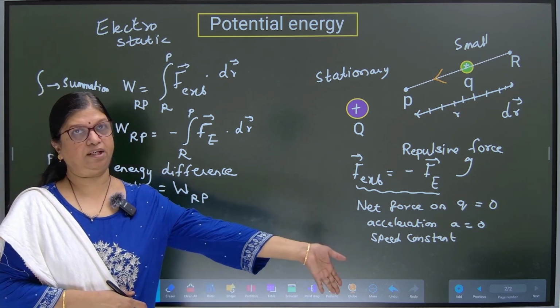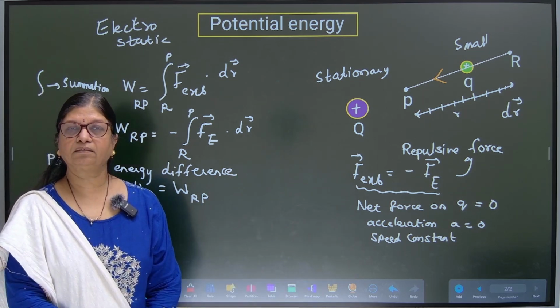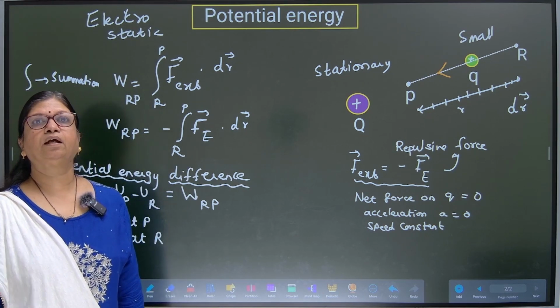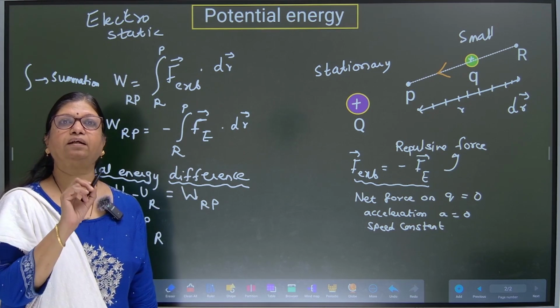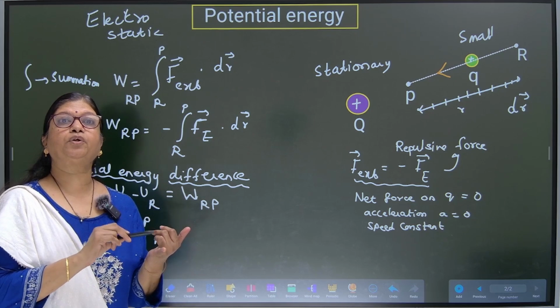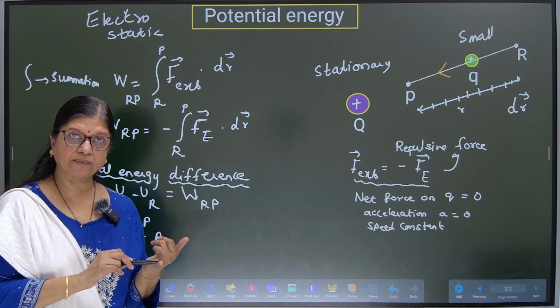In the electric field. Agree? So, in the next page, we shall define potential energy difference.